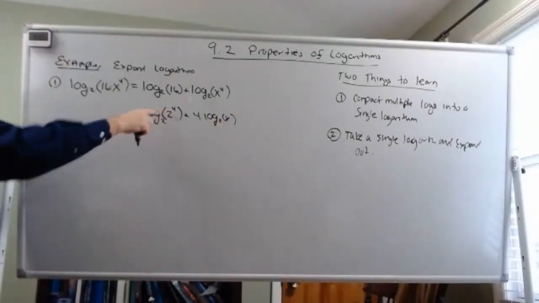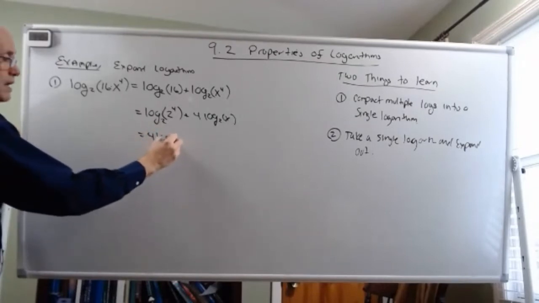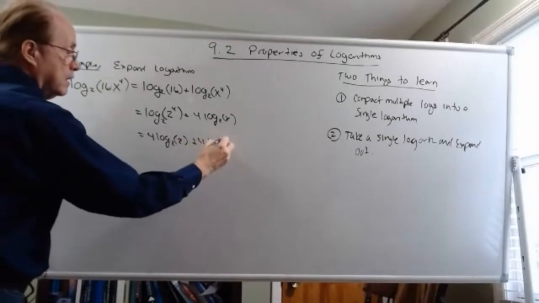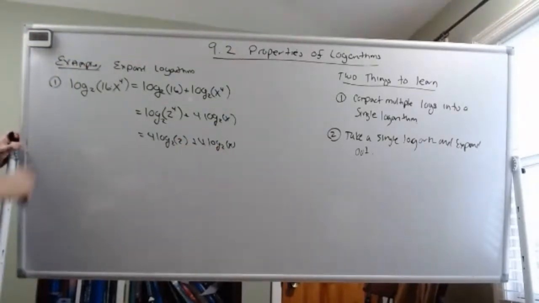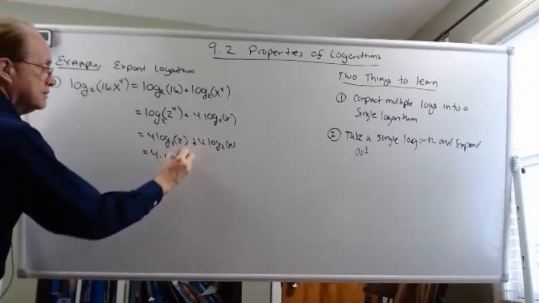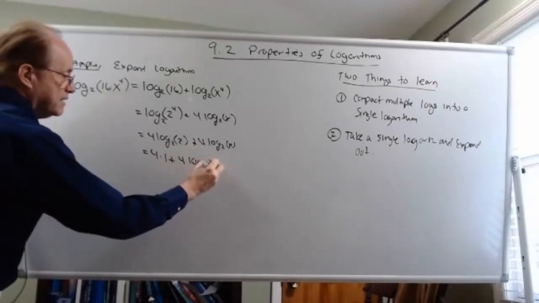Well, I can bring this 4 down if I wanted to. So I can bring that 4 down just the same way, of 2. But what is the log in the base 2 of 2? That's 1. That's our fifth property that we had earlier. So this is just 4 times 1 plus 4 times the log in the base 2 of x.